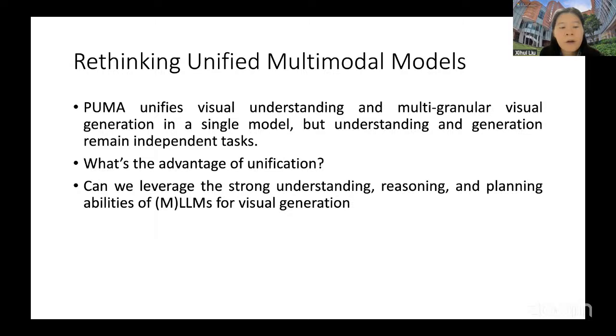So, one thing that we think of is that with these models that unify visual understanding and visual generation, the visual generation should benefit from it because we talk about the visual common sense, the common sense knowledge, and the reasoning abilities for generation, and the understanding capabilities of these multimodal models perfectly provide hints on these capabilities for generation.